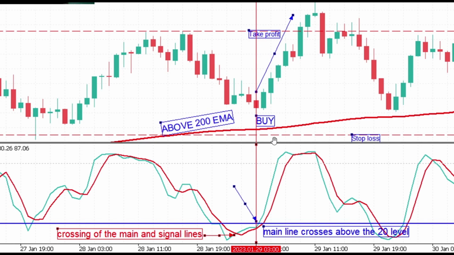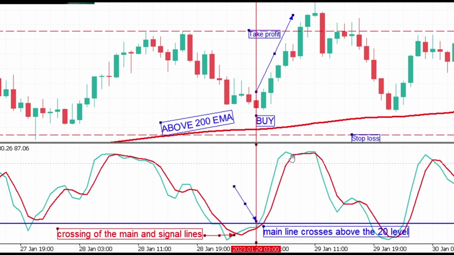For our targets, we can place our stop loss below the moving average, the 200 exponential moving average, or we can just place it below the previous low point. Then we move up with the market. Then for our targets, we're going to exit when there is a crossing on the overbought region of the main and the signal line, the blue and the red line.